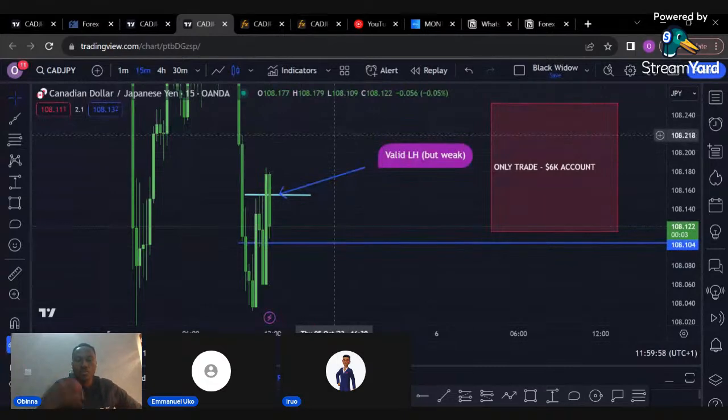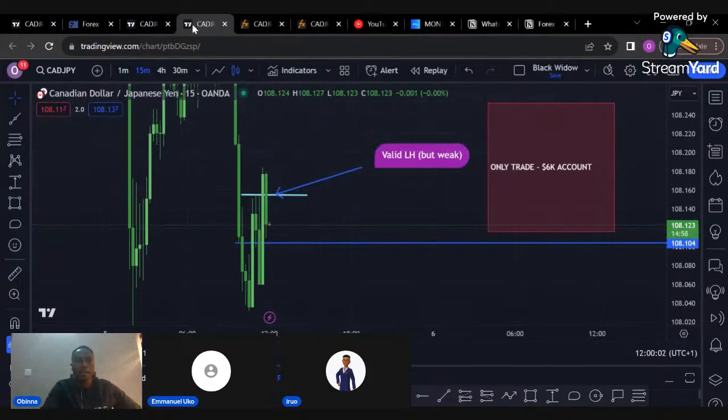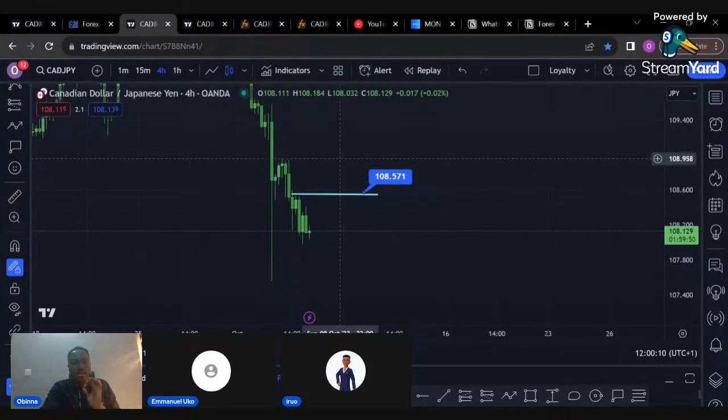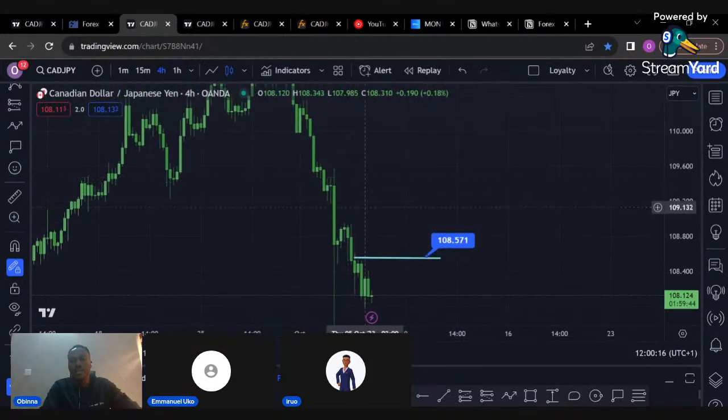But let me go over my analysis again so that you get the general idea. I take the top-down analysis. My trading style just bases from the 4 hours, and I take CAD JPY. What I generally do when I come to the market on a typical day is look for the lower highs.